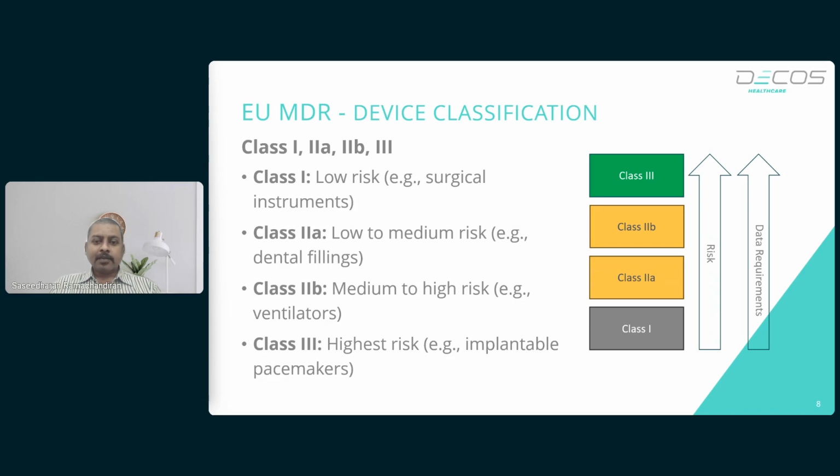Class 2B, or medium to high risk devices. Devices like ventilators require additional clinical evaluation and testing, overseen by a notified body. Class 3, or the highest risk devices. Devices like implantable pacemakers undergo the strictest regulatory scrutiny, requiring extensive clinical data and certification from a notified body.